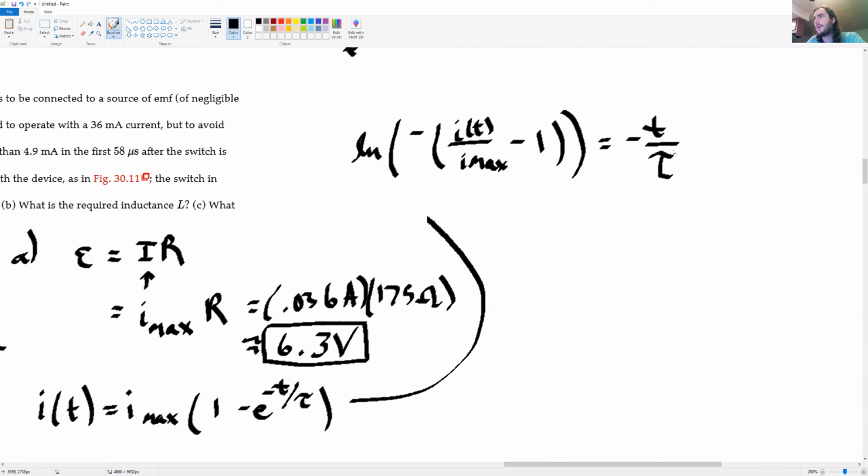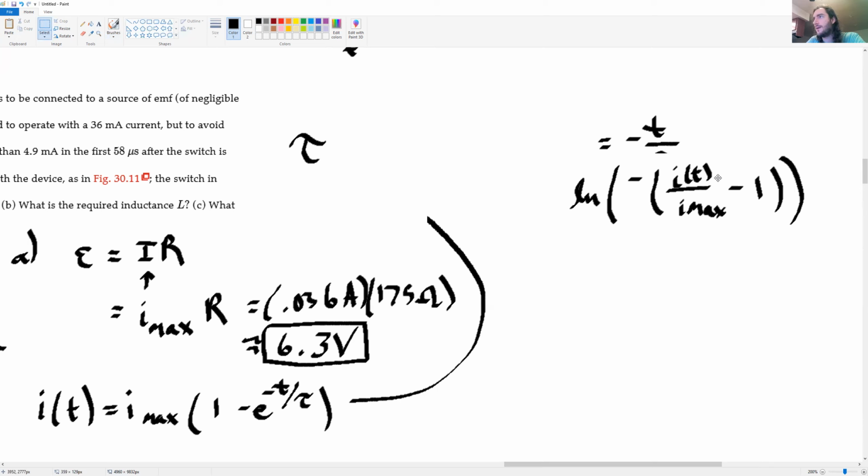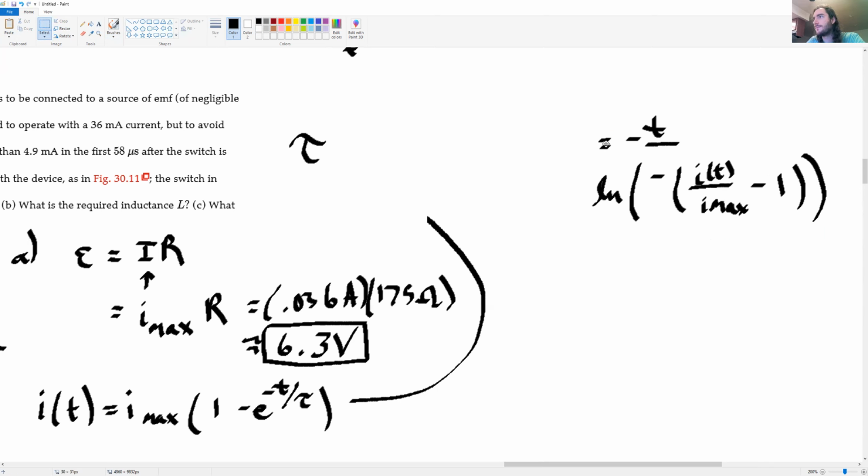And then we can go ahead and plug stuff in. I would multiply tau to this side, and move this to the denominator over here like this. Then I would plug in t equal to 58 times 10 to the minus 6 seconds, and my I of t would be equal to 4.9 milliamps.